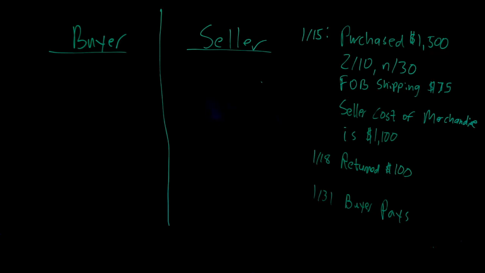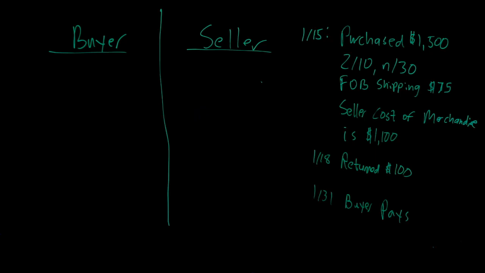FOB shipping point, and shipping is $75. So FOB shipping point means the buyer pays for shipping and it goes to the cost of the inventory. And then from the seller's perspective, the cost of the merchandise sold is $1,100.